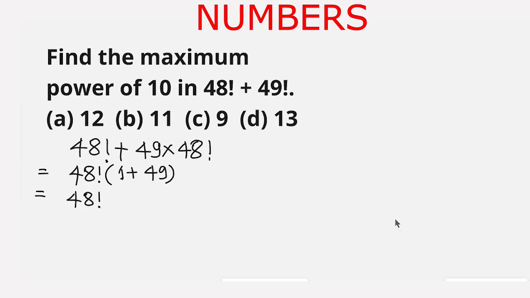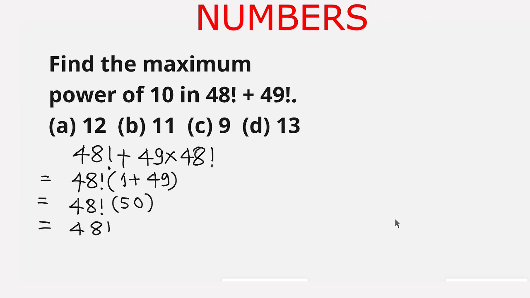And this is equal to 48 factorial multiplied by 1 plus 49, which is 50. And this can be written as 48 factorial multiplied by 25 multiplied by 2. This is equal to 48 factorial multiplied by 5 to the power 2 multiplied by 2, as 25 can be written as 5 to the power 2.